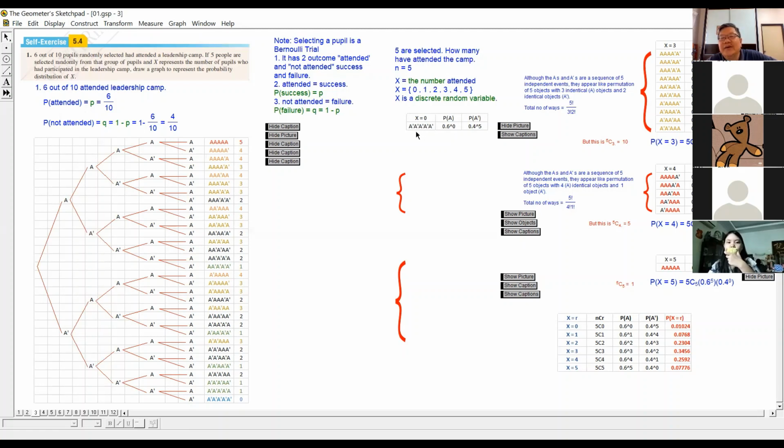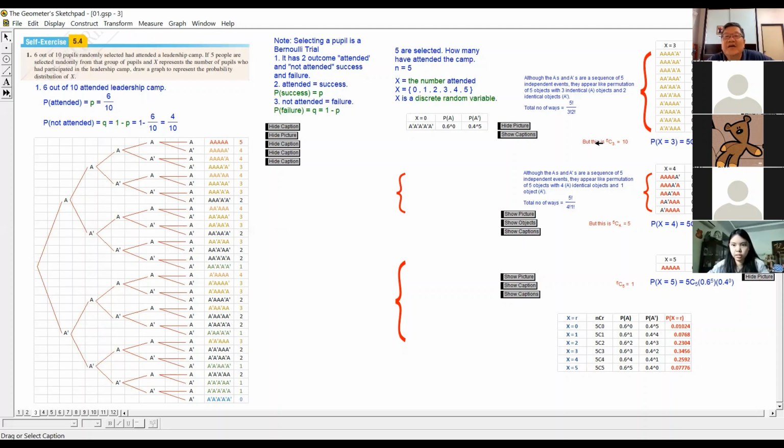How many cases? You remember how to use combination to find? How many are there altogether? How many of these things, A prime, A prime, how many? 5. You want to choose how many?